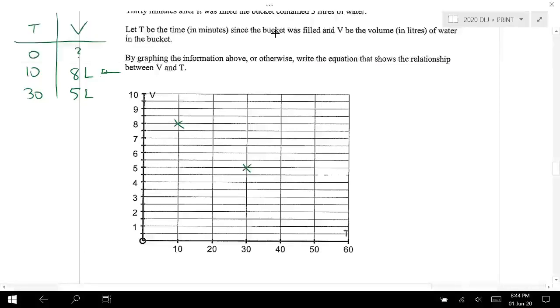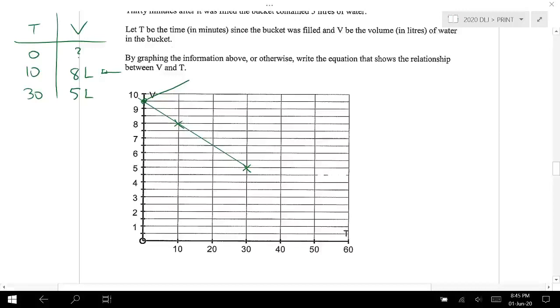And if we draw a line between them and extend it out to the y-axis, we are going to get this intercepting at 9.5. So we can use that to write our equation.